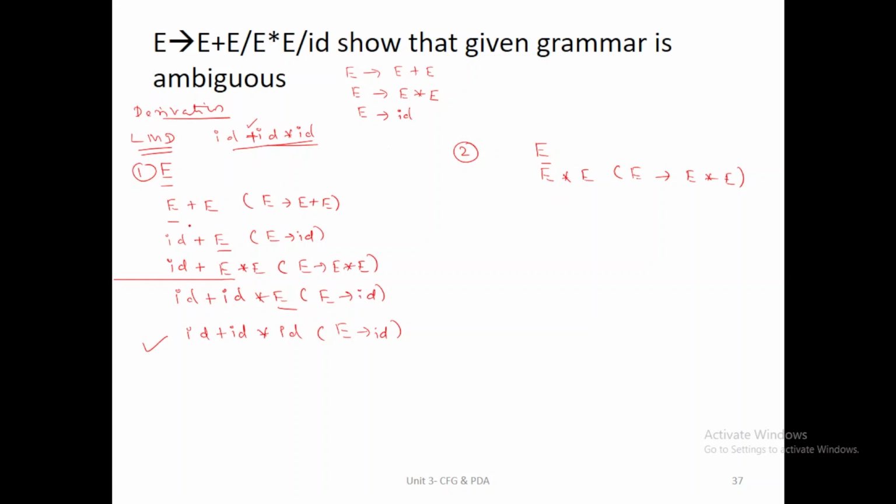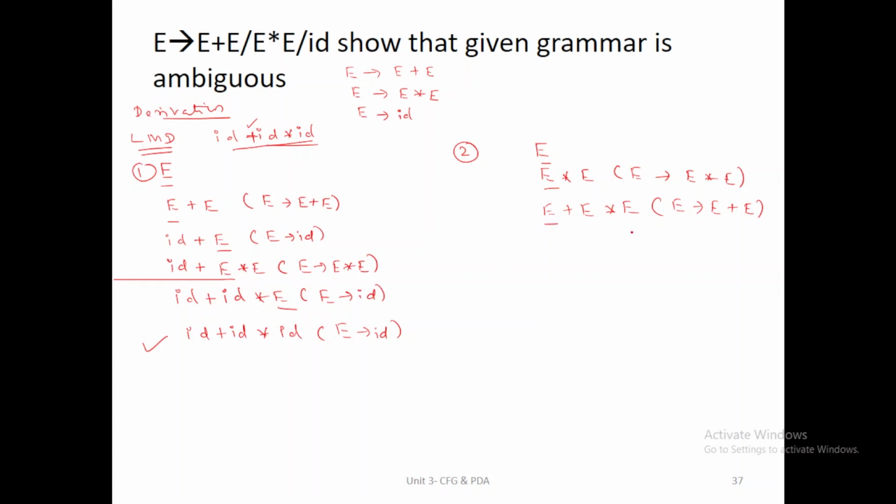So instead of using E plus E, I am going to take E star E. Here also I should use only LMD. Consider the input string part star. The remaining three symbols should occur, so this E can be replaced as E plus E. Do you understand it?